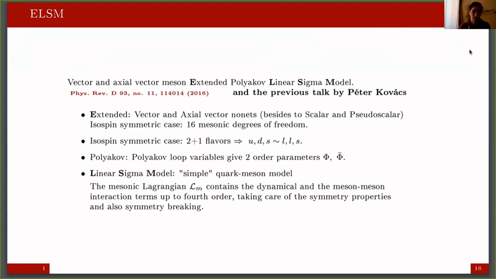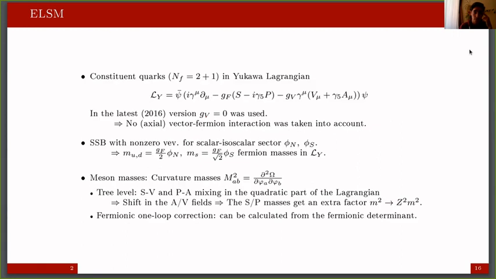We are in an isospin symmetric case, which means that we have 2+1 flavors. We have the Polyakov loop, as Peter said, and as it's a linear sigma model, we have a simple Lagrangian from the mesons, and we include the constituent quarks, 2+1 flavors, in a Euclid type term.